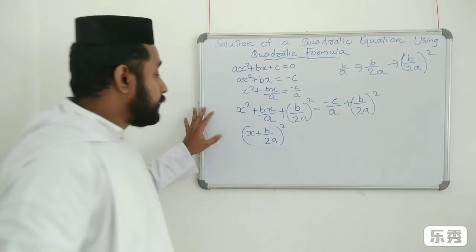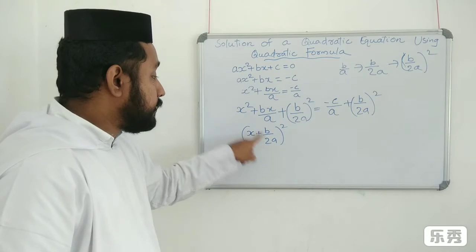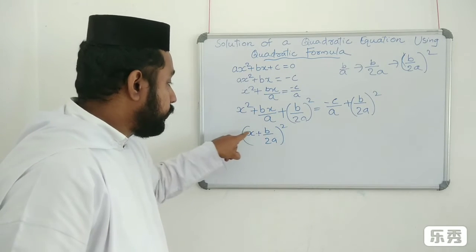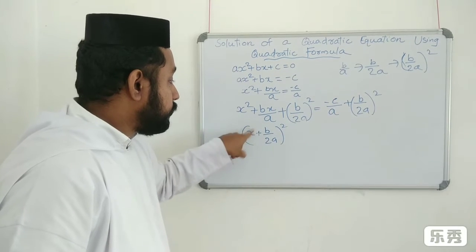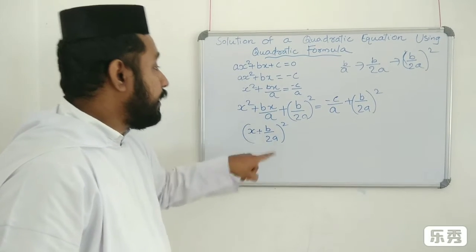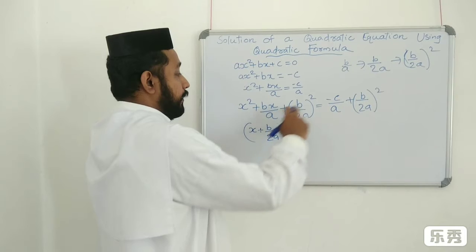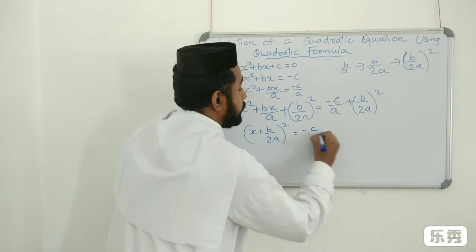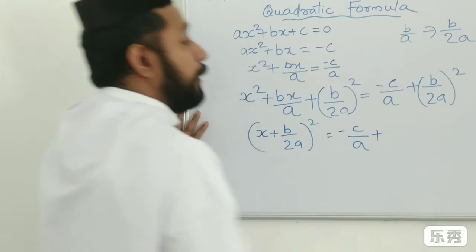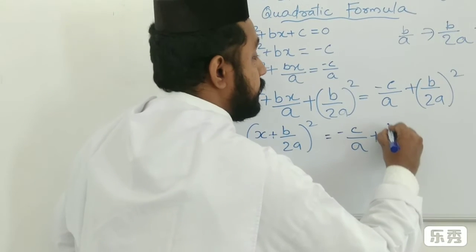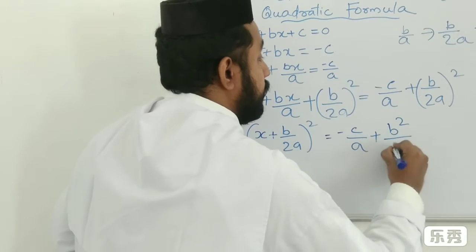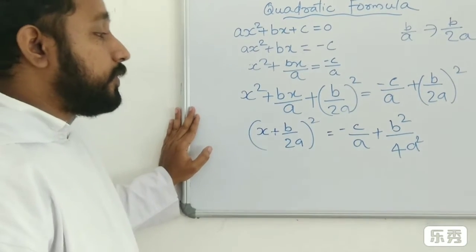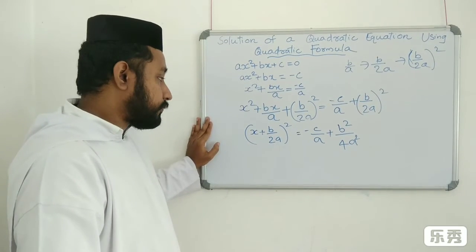When we expand, (a + b)² is a² + 2ab + b², that is x², then 2 into x into b/2a, where the 2 cancels, gives bx/a, plus (b/2a)². On the RHS, -c/a plus (b/2a)², which means b²/4a². When we find the square, you will get b²/4a².